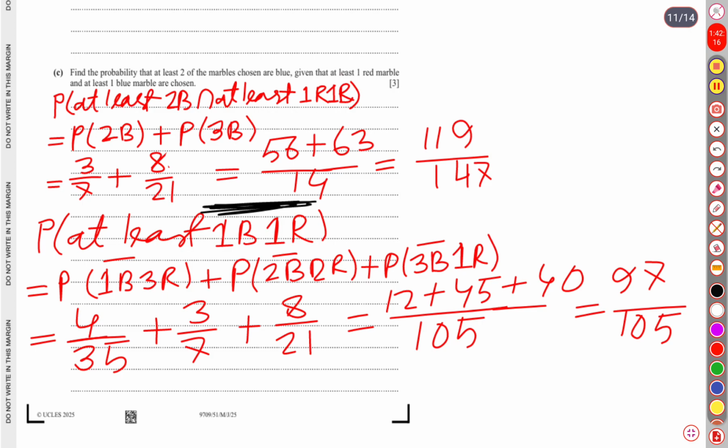The final probability is that at least two of the marbles are blue.